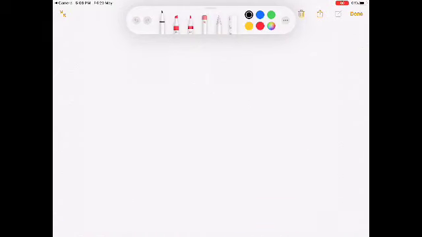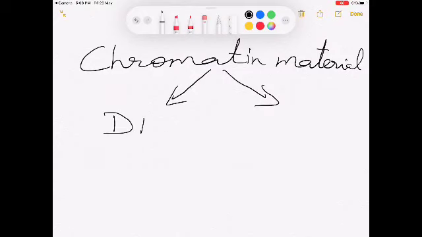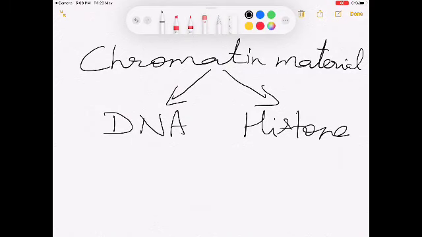So you have seen that chromatin material is made up of DNA and histone.